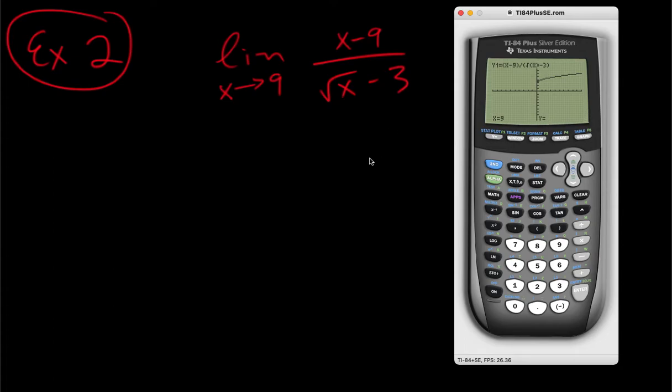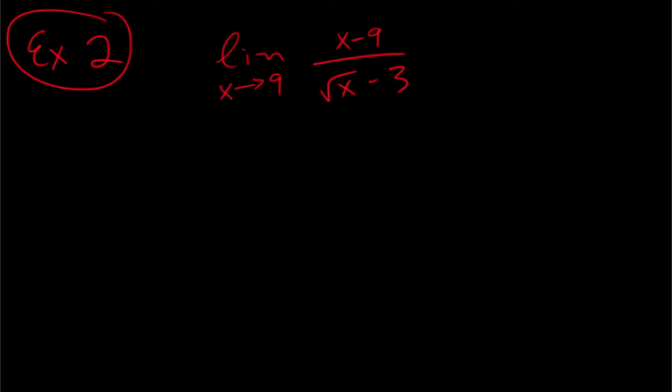Now let's talk about y. Probably the simplest solution is if we just plug in 9. What happens? We get 9 minus 9 on top, and the square root of 9 minus 3 on the bottom, so that ends with a 0. And then this is really just 3, so we get 0 over 0.